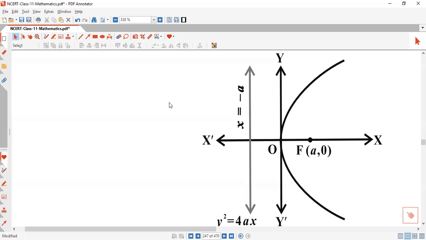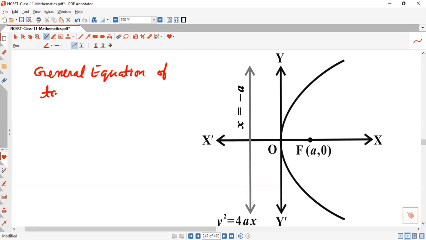Now let's say I would write down a general equation of tangent. For example, I say y equal to mx plus c. This is an equation of a line.